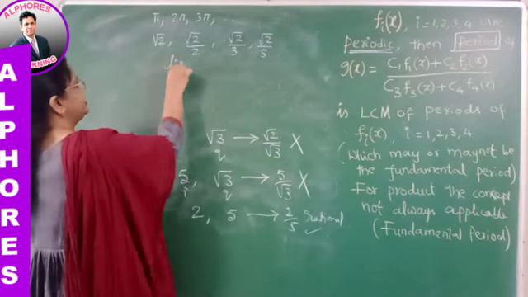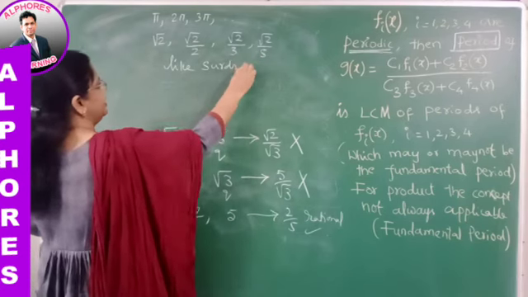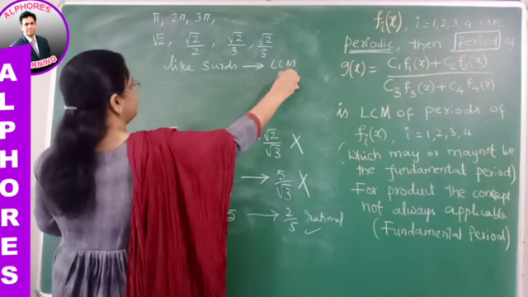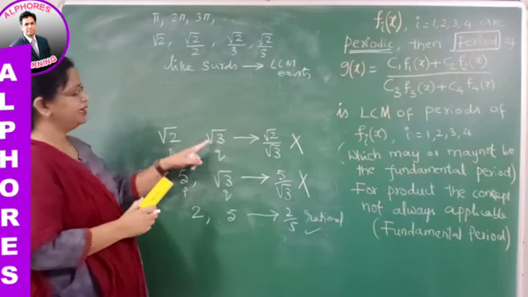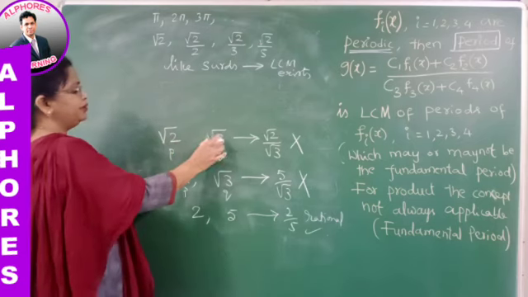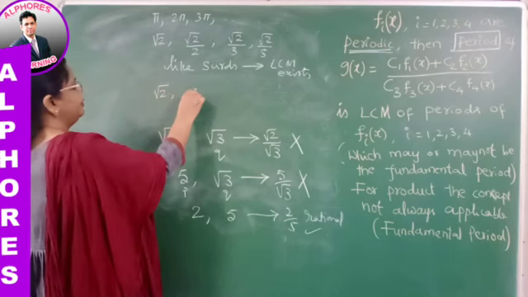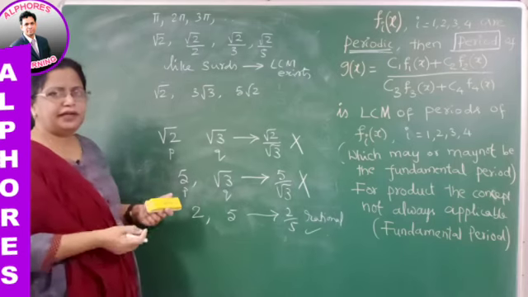So students, we call these like surds or like irrational numbers, and here the LCM exists. And next, if I observe this one, these are unlike surds. Unlike means this is root 2 and this is root 3, different. So if you have root 2 and 3 root 3 and 5 root 2, then you cannot write the LCM.